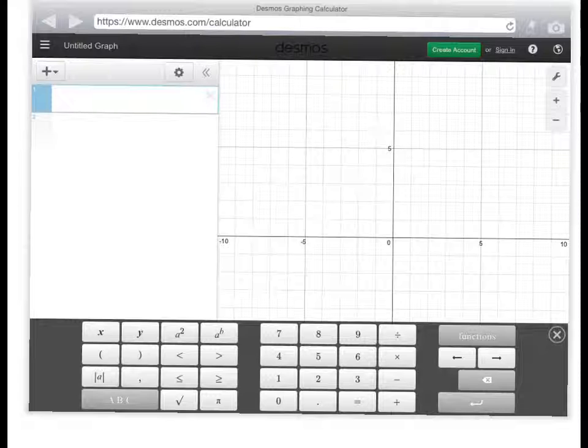Okay, we are going to type the first equation, which is y is equal to x minus 12, and then the next equation is y is equal to minus 3x plus 20.